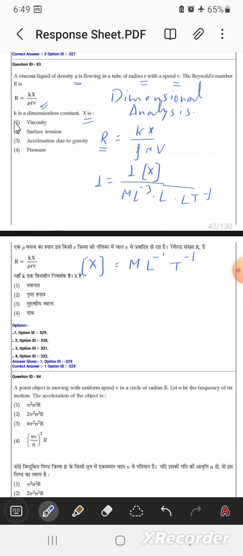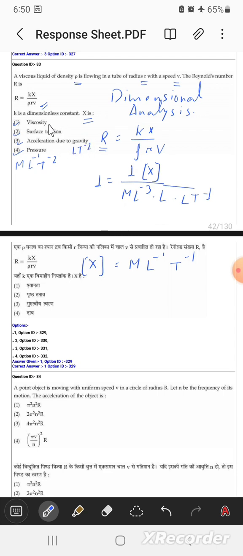Now if I go to this concept, surface tension, viscosity, acceleration due to gravity and pressure: the pressure dimension we all know, M L to the minus 1 T to the power minus 2. Acceleration due to gravity, acceleration has L T to the power minus 2.